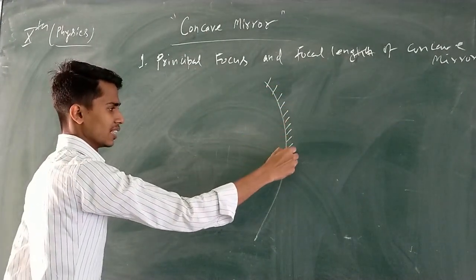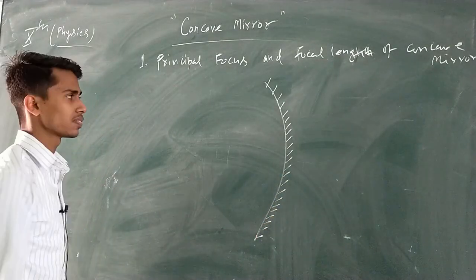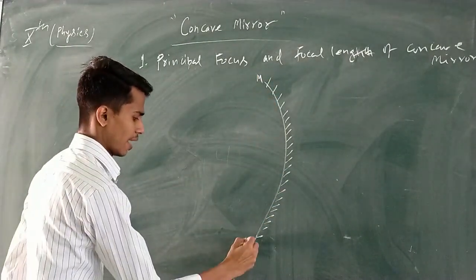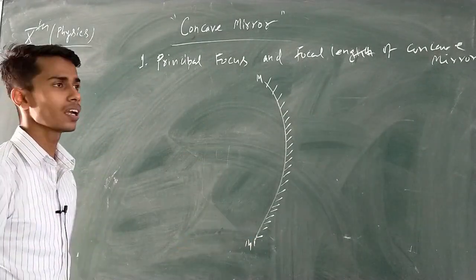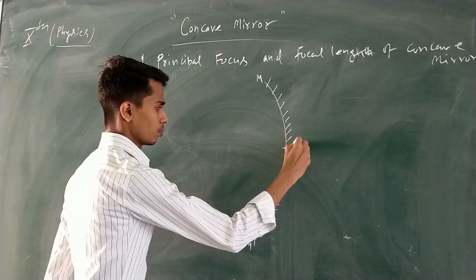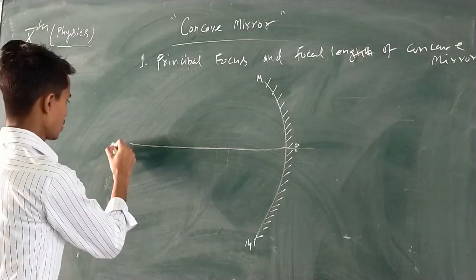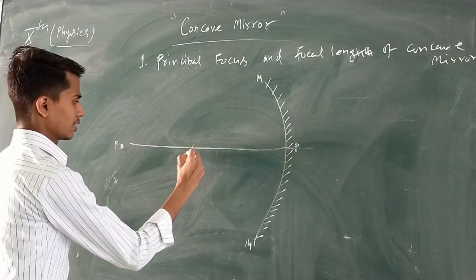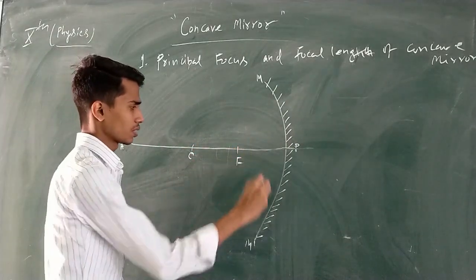Why is this a concave mirror? Its inner surface is reflecting and its outer surface is rough. MM' is representing the aperture of the mirror. The length of the reflecting surface is called aperture. Let this be the pole. This line is representing the principal axis. Let this be the center of curvature and this be the focus.